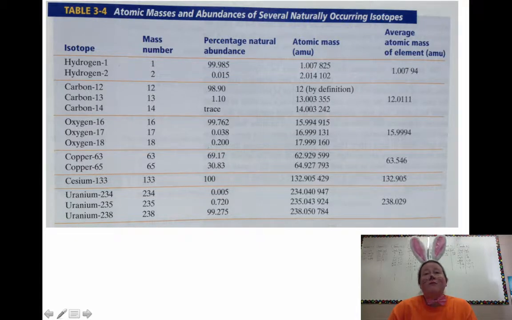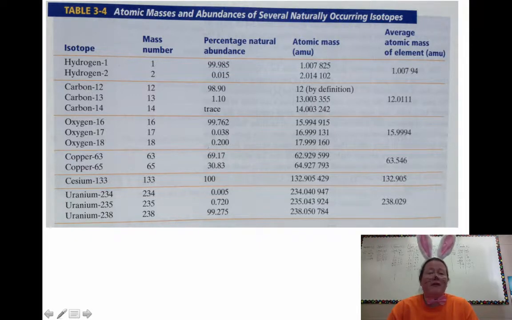If I had a room full of 100 carbon atoms, about 99 of them would be carbon-12. A little over 1 would be carbon-13, and maybe a trace would be carbon-14.